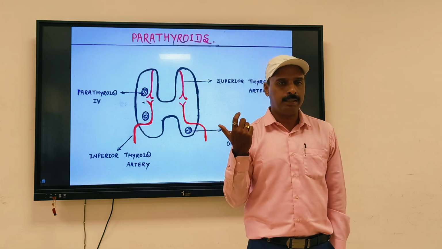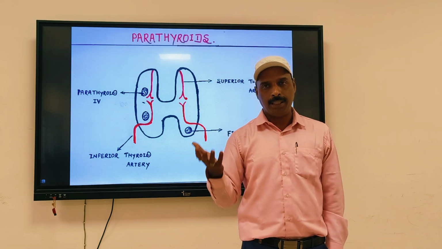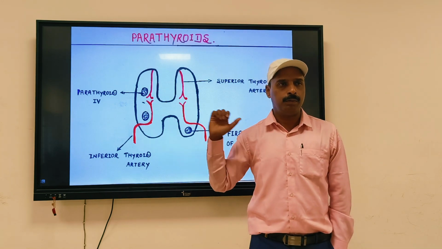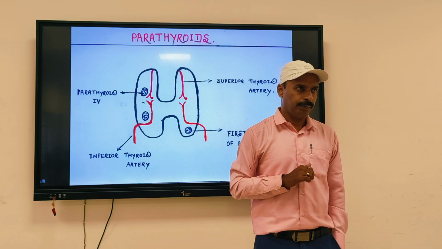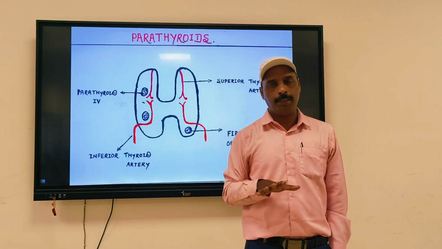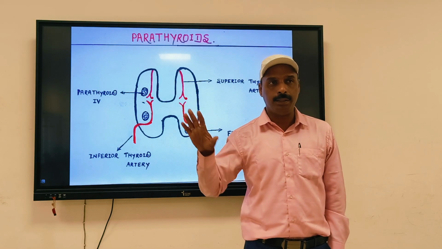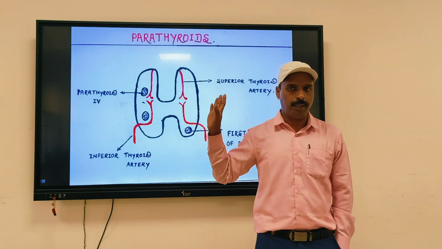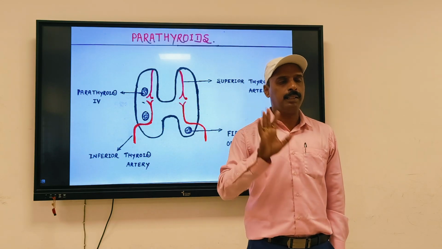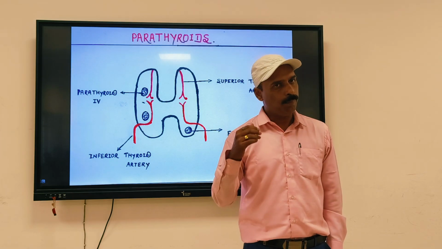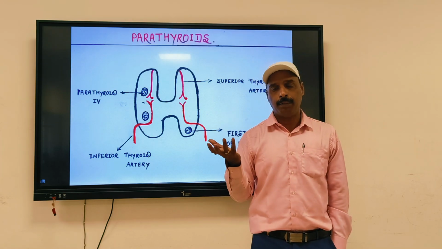You have to assess T3, T4, TSH and parathormone level. Calcium metabolism is involved with these two glands, thyroid and parathyroid, so clinically it is very important, and you can treat better.